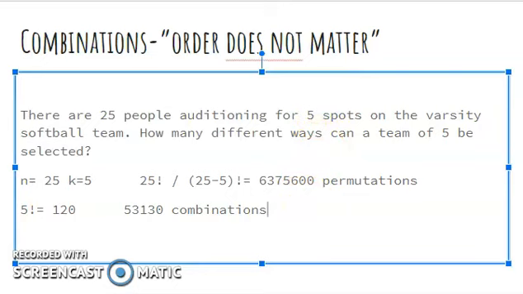Whereas in the permutations problem we did with the president, the vice president, and the secretary, those were 3 different positions and they were kind of independent of each other. So basically these 5 spots are not unique to each other like the president, vice president and so on. You're just choosing 5 people. It doesn't matter what order, you're just choosing 5 people.